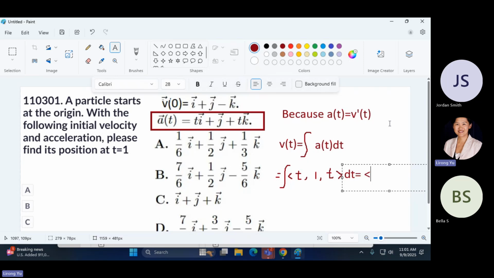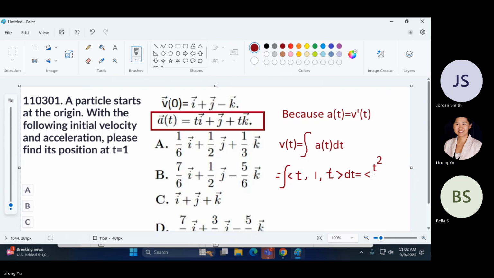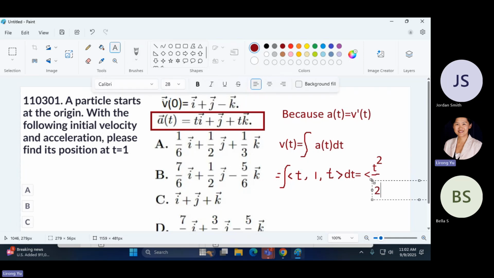For example, the first one is t. If you integrate t, it is t squared over 2. That's the antiderivative of t.